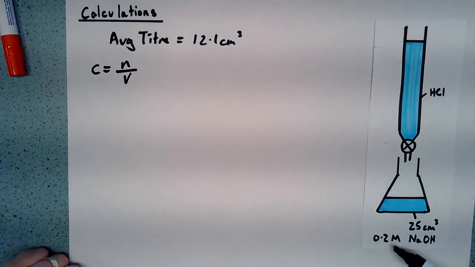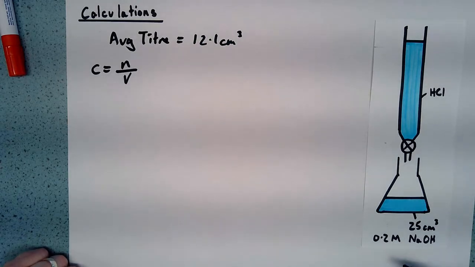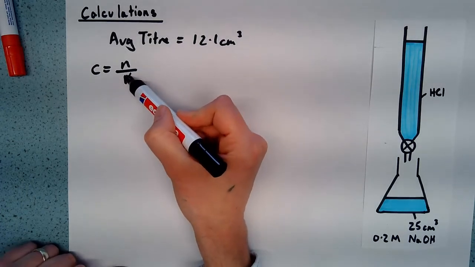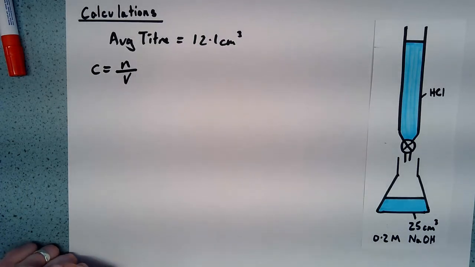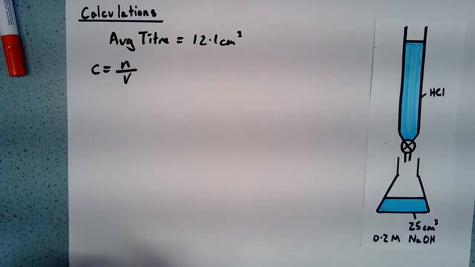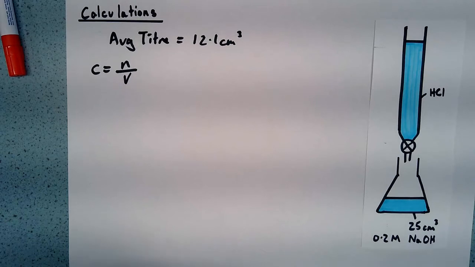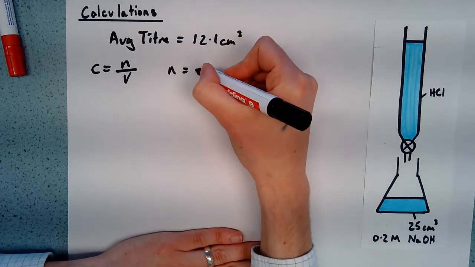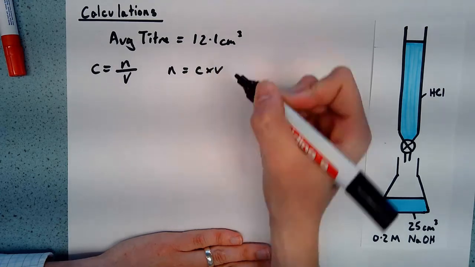I've got 0.2 capital M standing for moles per decimetre cubed here, so if it's moles per decimetre cubed, our volume must be in decimetres cubed. Now we can put that into the formula however which way we like, and I'll show you that in a minute. But what that means is that n, number of moles, is equal to C times V.